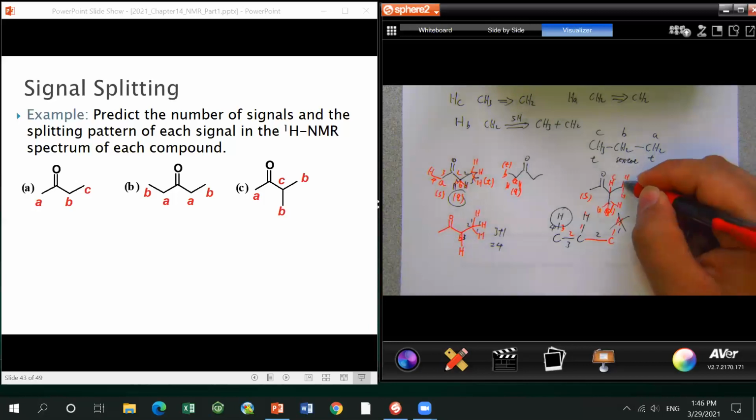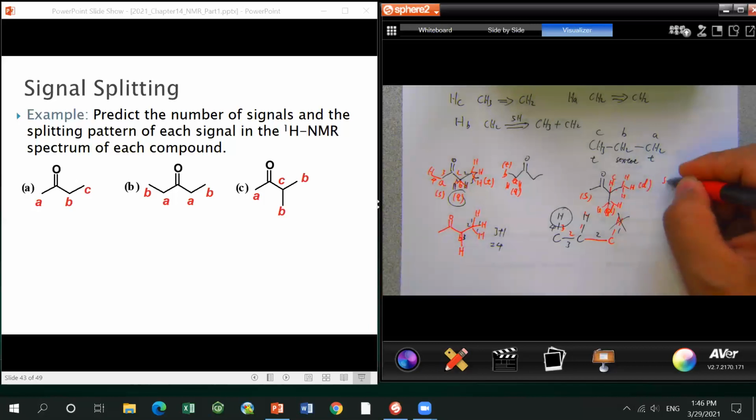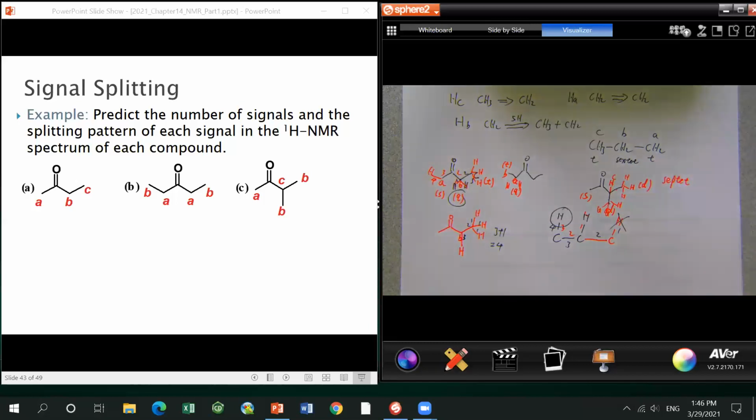So 1, 2, 3, 1, 2, 3. 6 plus 1 is 7, so that's called a septet. Now you've learned how to do splitting and coupling. Again, count the number of hydrogens within 3 bonds, then plus 1, and that gives the split pattern. Pretty good.